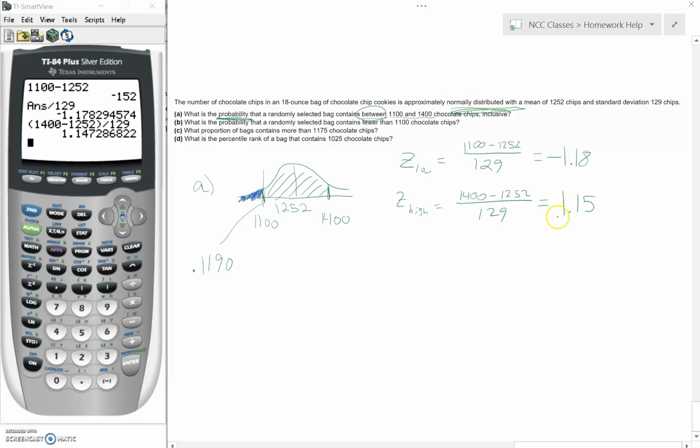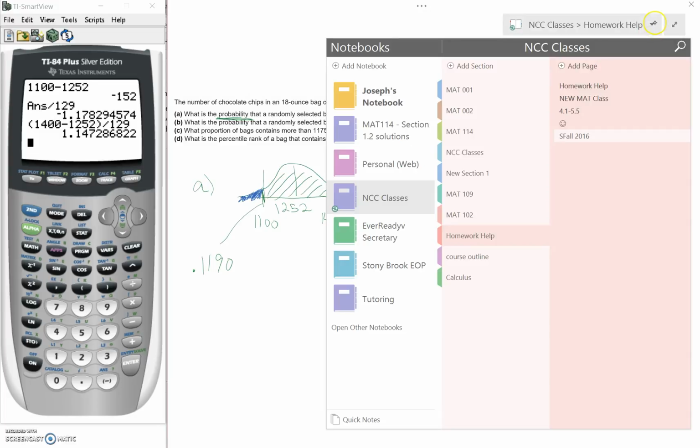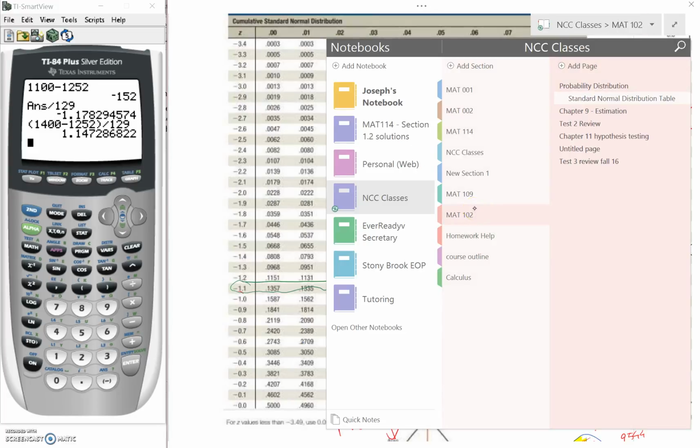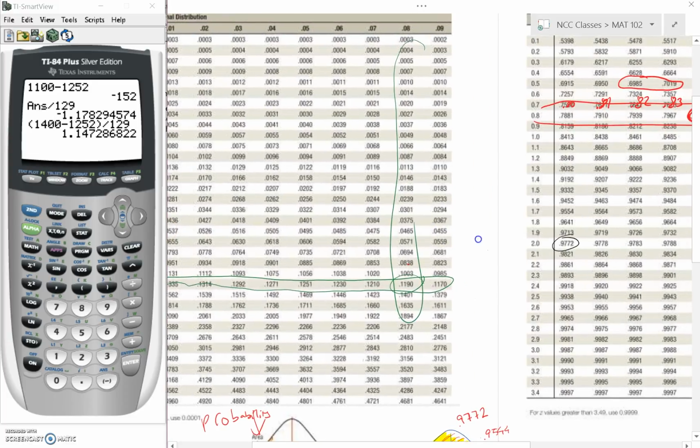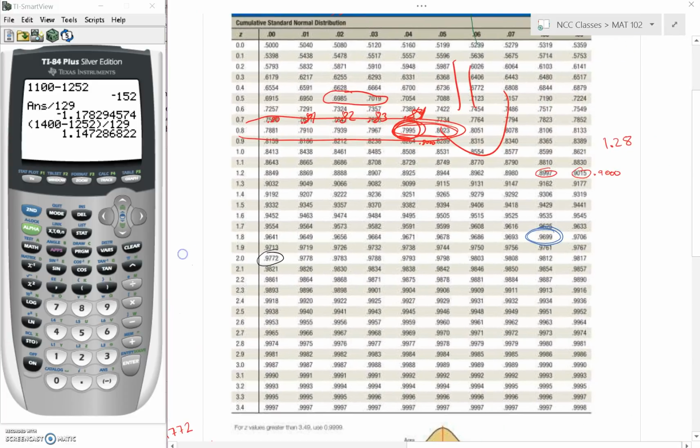Now we need to figure out the area to the left of 1.15. So if we look back over here, positive 1.15 will be on the other side. 1.1 is this row, and 5 would be in this column: 0.8749.